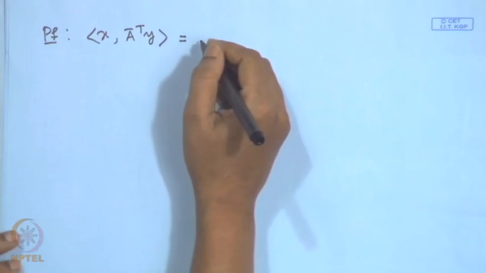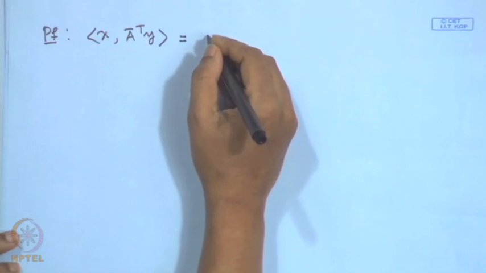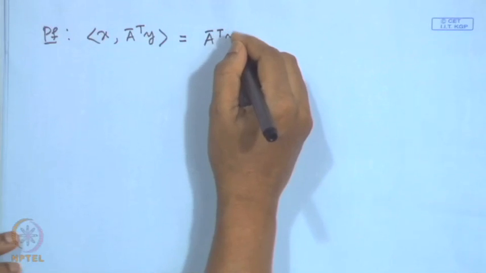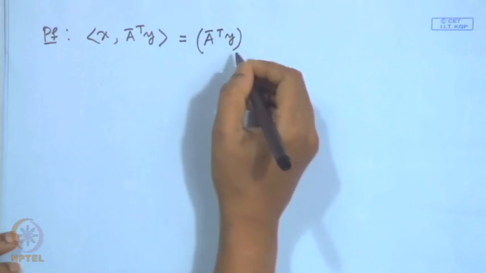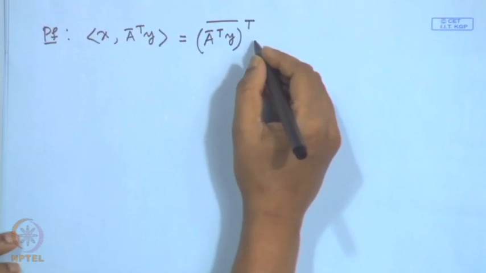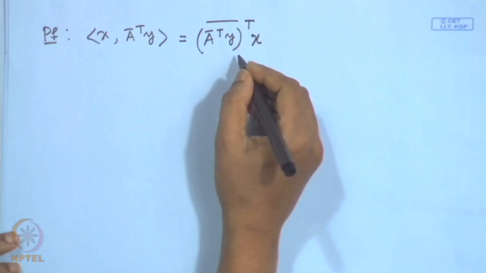From the definition of the standard inner product in C n, we can write this as A conjugate transpose y, this whole thing conjugate and transposed, multiplied with x.